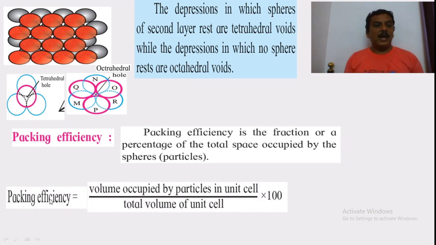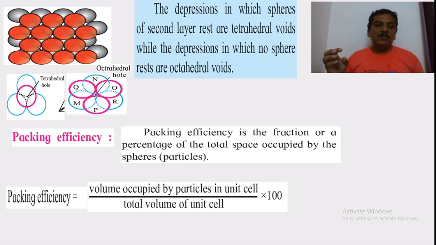To calculate it we have a formula. Packing efficiency is equal to volume occupied by particles in unit cell divided by total volume of unit cell. And we know the total volume of unit cell will always be equal to a cube, because in case of simple cubic, body centered cubic or FCC structure, the edge length is a.